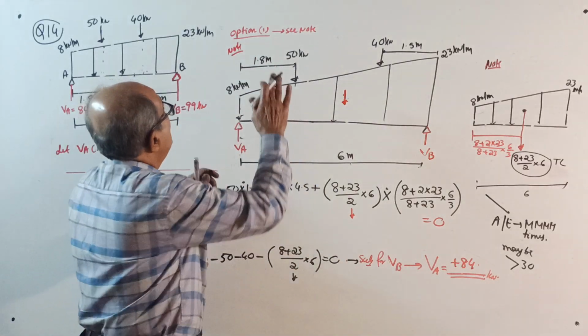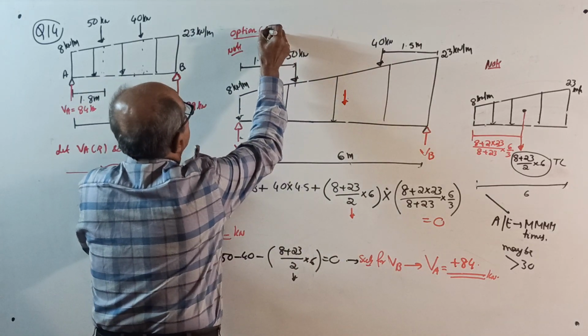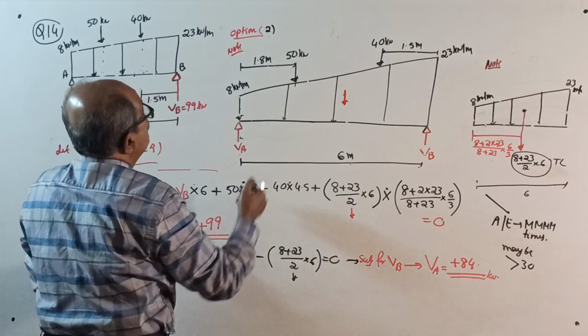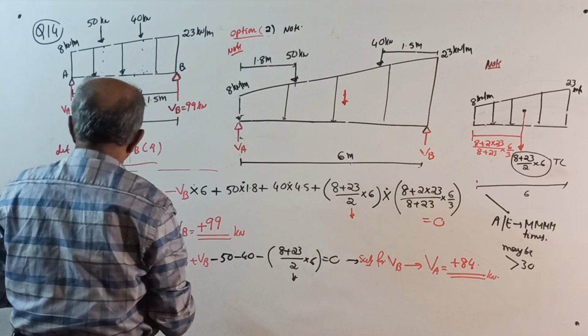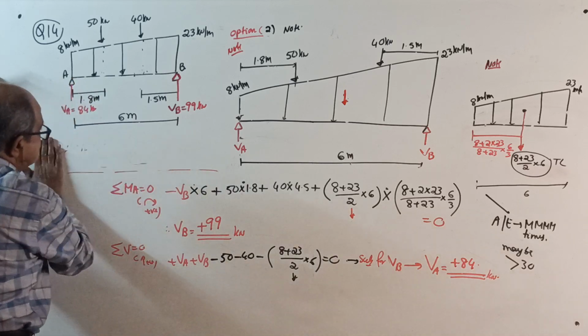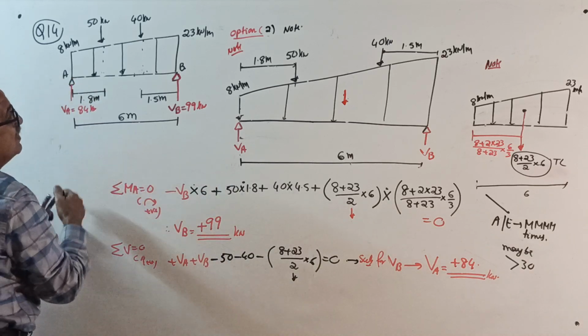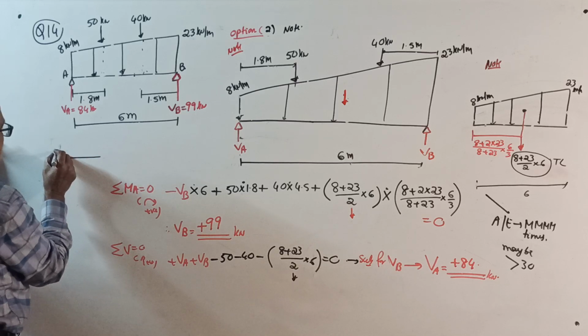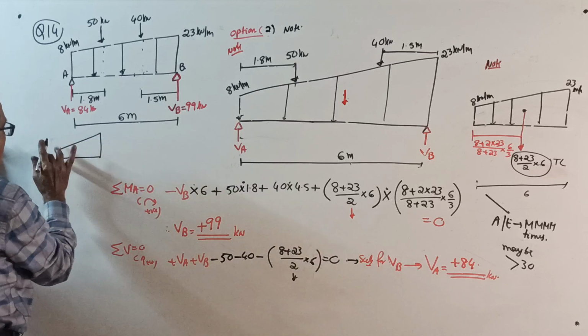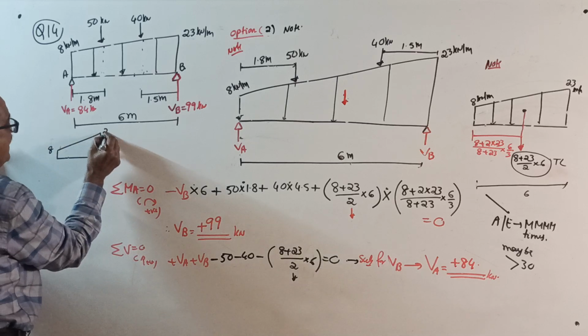Now I'll do one thing. Go for option 2. Option 2, you make a note. I will make the note here. Note. See, uniformly varying load is like this. 8 to 23 here. This is 8, this is 23.